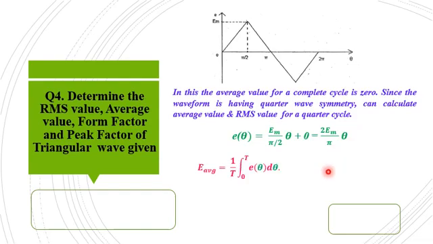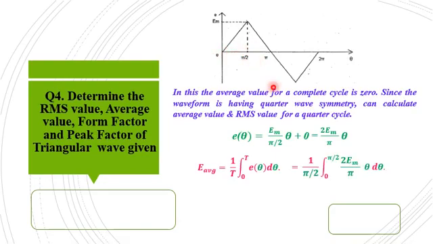Then finding the average value, E average is equal to 1 by T integral 0 to T E of theta d theta, because on the x-axis we have the theta value. During a quarter cycle, theta varies from 0 to pi by 2.